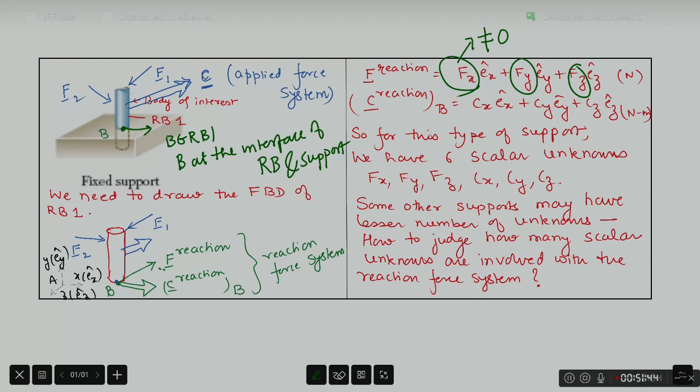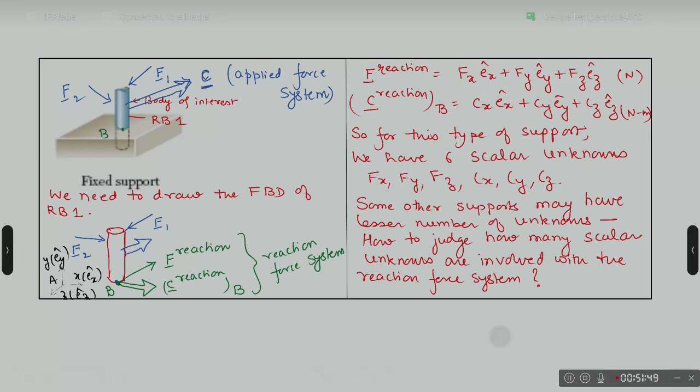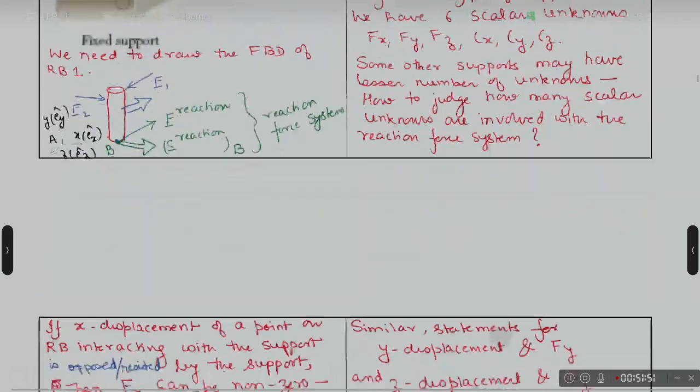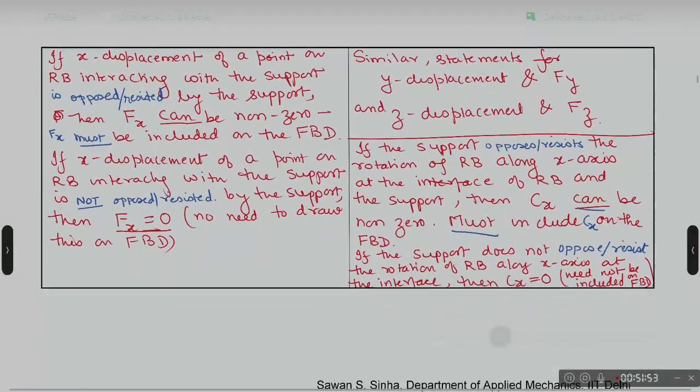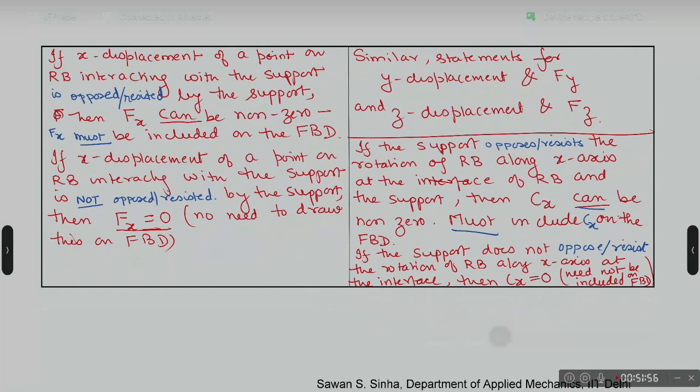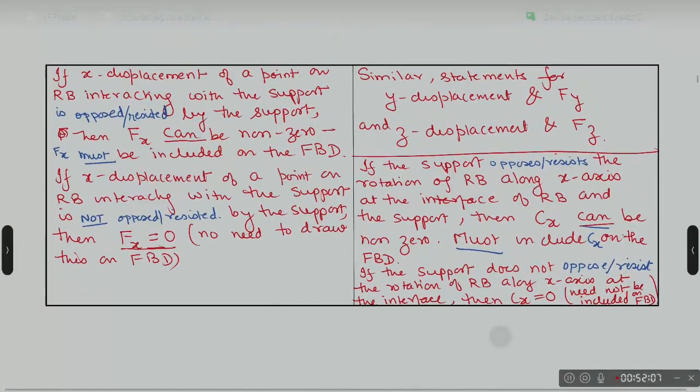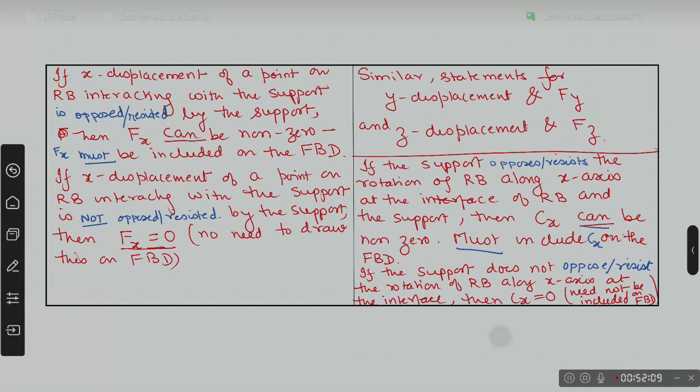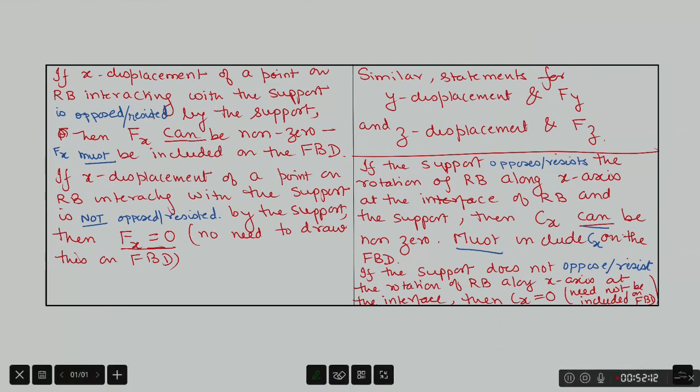How do we judge the Cx, Cy, Cz components, the torque components? You should ask such questions. Look at this question. If the support opposes, resists the rotation of RB along x-axis at the interface of RB and the support, then Cx can be non-zero, and must be included on the FBD.